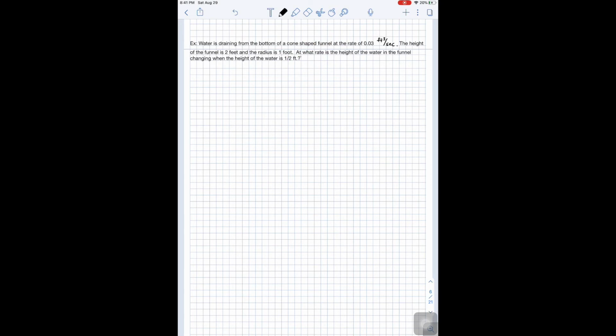Water is draining from the bottom of a cone-shaped funnel. All right, so here's my funnel. And I've got water in it here at some level. And that water height is changing because it's coming out, okay?